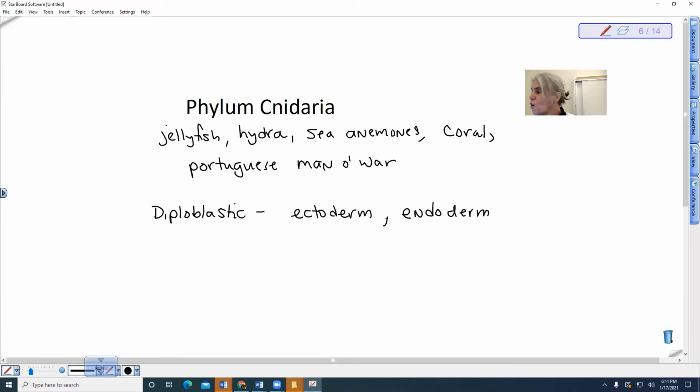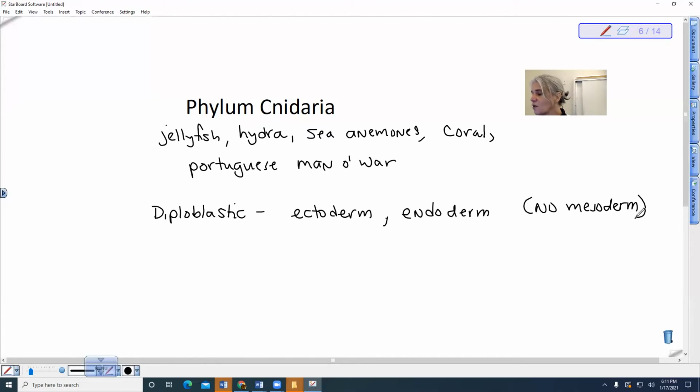They have no mesoderm. They have mesoglea, which is a jelly-like substance, and I'll show you a picture of that in a second. So they do have a middle layer, which is the jelly of the organism.